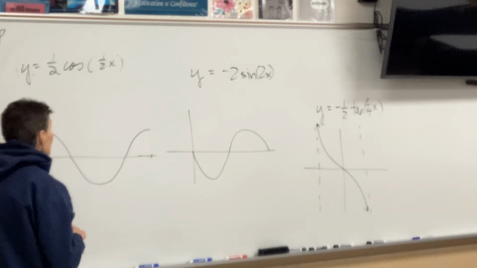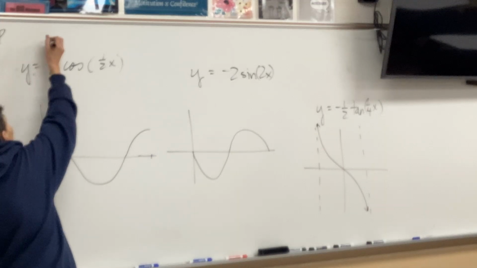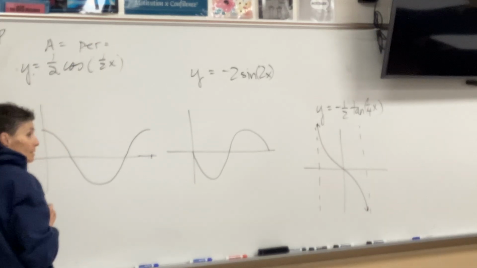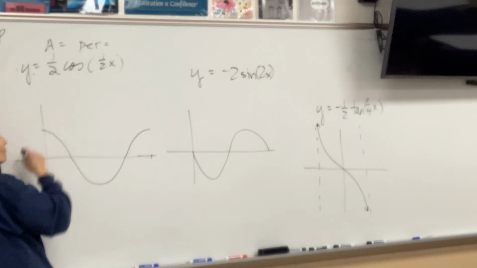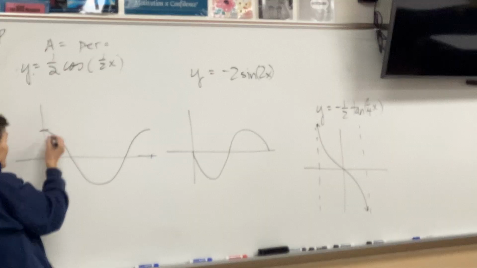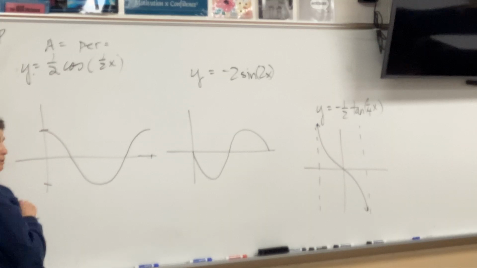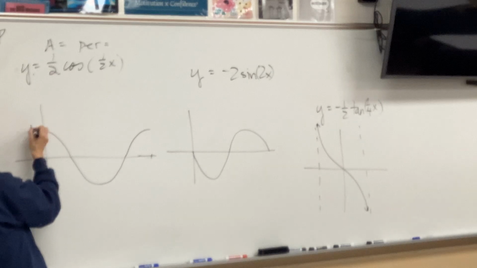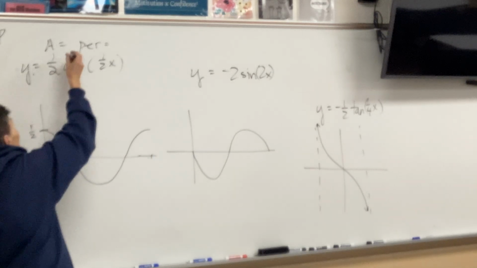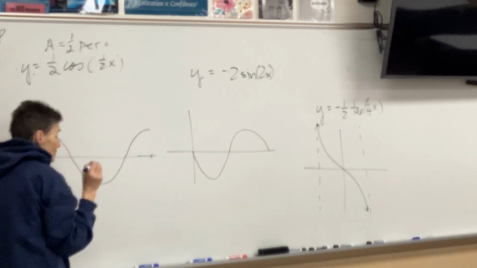Now we're going to put our labels in, and we're going to find our amplitude and our period. Well, the number out in front, remember, multiplies the height. So the height of my cosine curve is supposed to be 1, but I multiplied it by a half, so the height is a half. So my amplitude is 1/2.